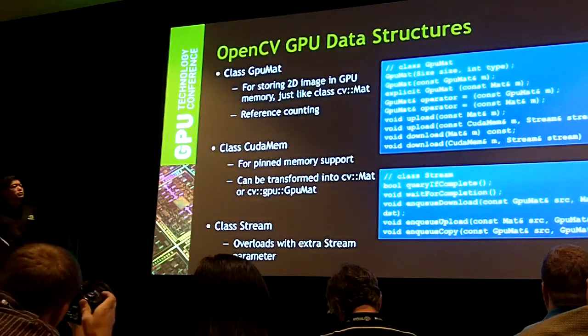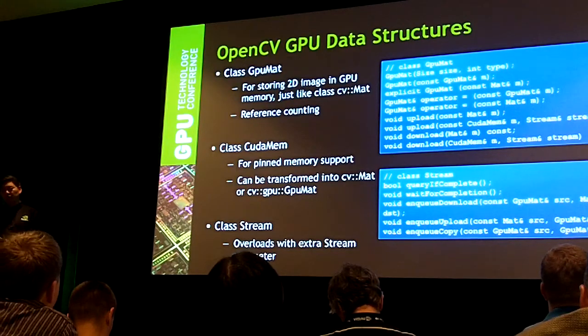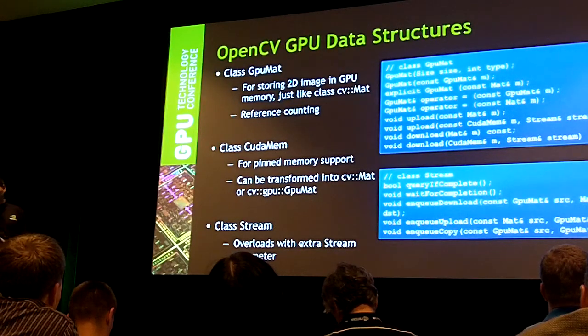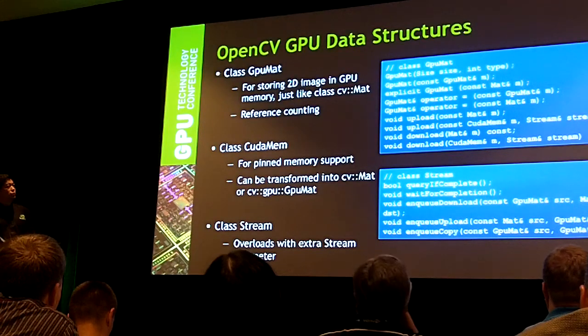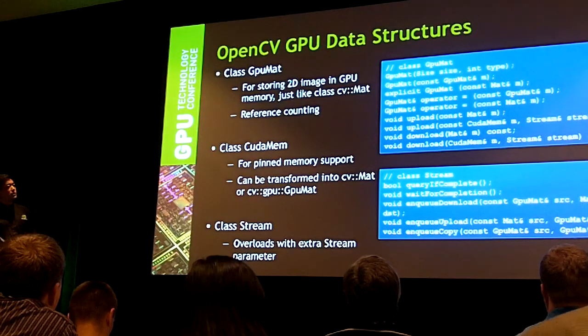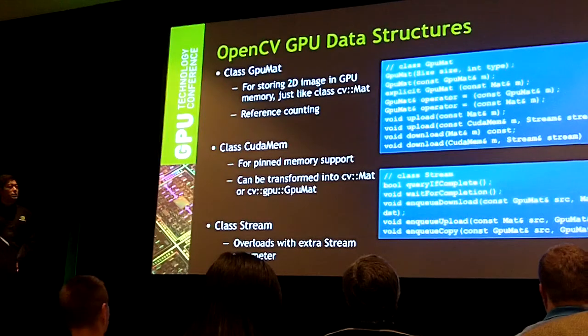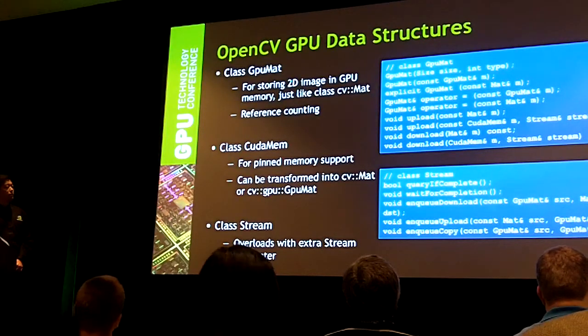So what does it look like if you're developing a program? For OpenCV GPU, there are specific data structures used for storing image data within GPU memory. We defined an explicit class for this that keeps track of all of the memory objects with reference counts.